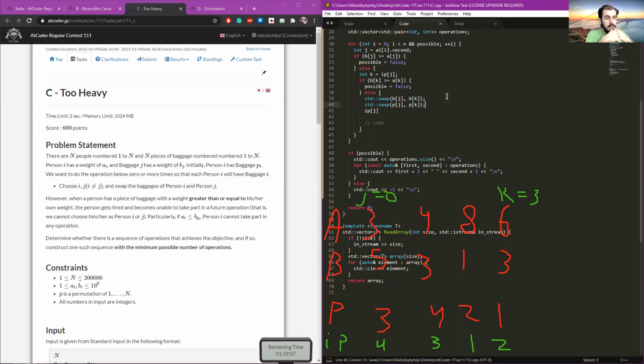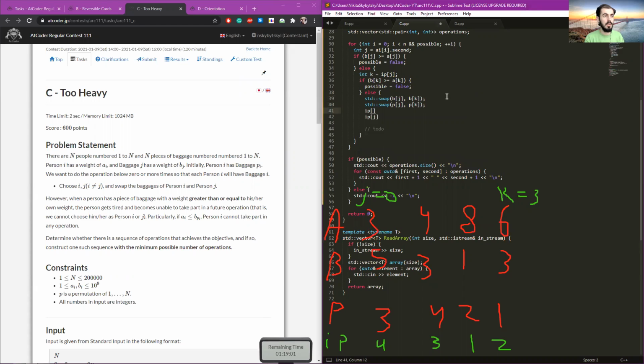But what do we want to do with inverse permutation? Who has baggage j after we did? Person number j, right? What else baggage was involved? Also, b at j was involved. And now person k has baggage b at j.